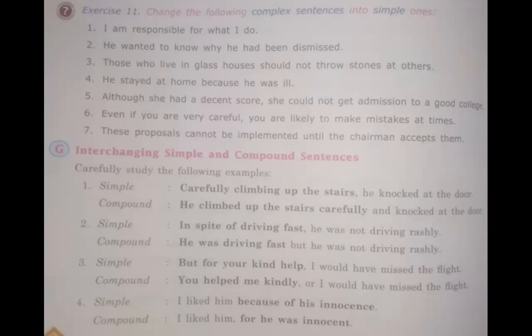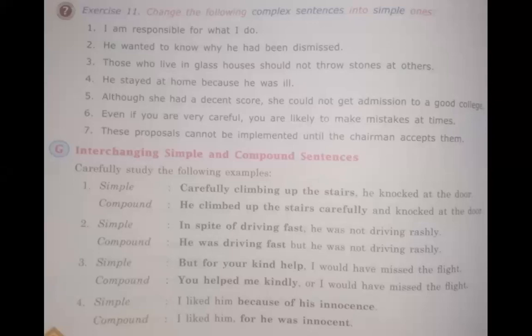The simple sentence given is: In spite of driving fast, he was not driving rashly. So we understood here the subject is he and the tense is past. So what will we do? In spite of driving fast will be changed into he was driving fast. When in spite of comes, students, there you will use but as a conjunction.